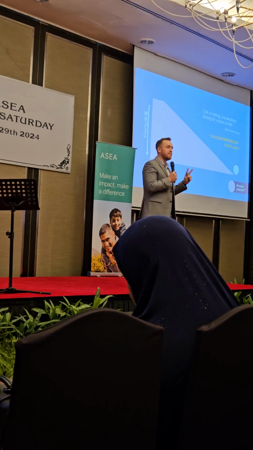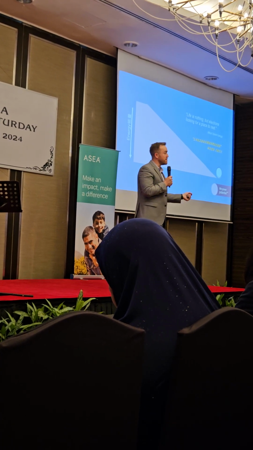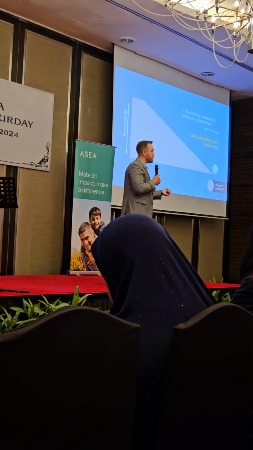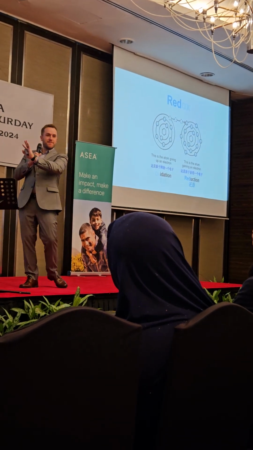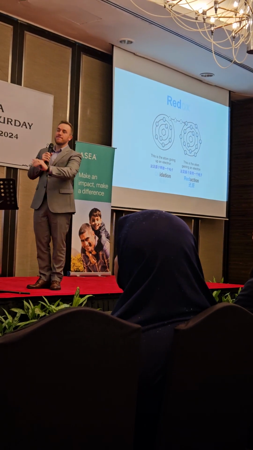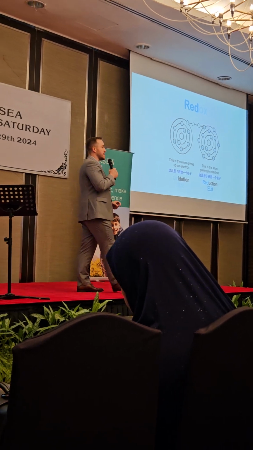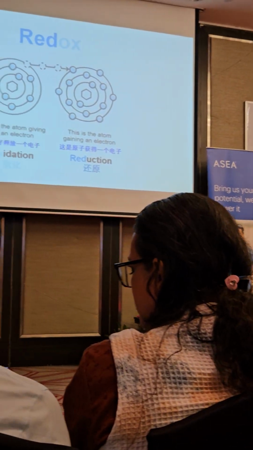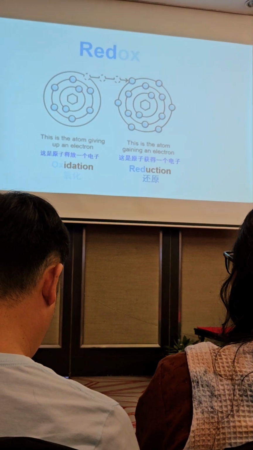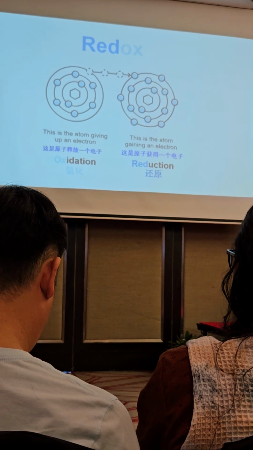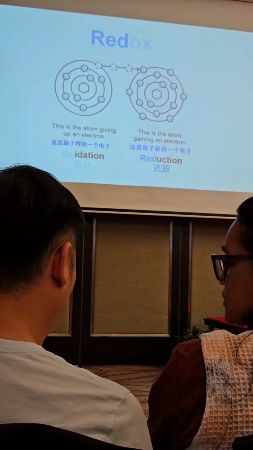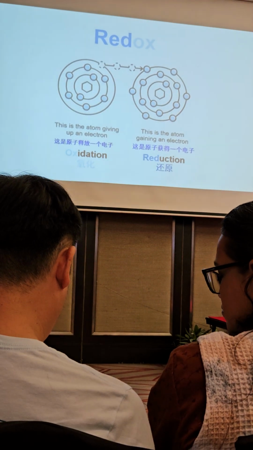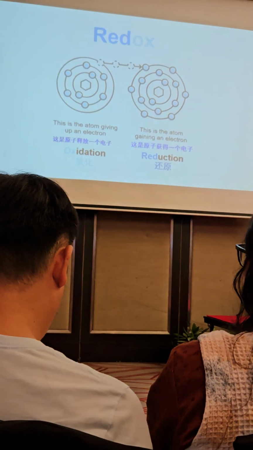Second, think about the ball rolling down the hill. It is a very good analogy for this concept of electron transfer. On the left, we have an atom that is being oxidized, or losing an electron. On the right, we have an atom that is gaining an electron, or being reduced. That electron transfers from left to right. Why does the electron transfer?